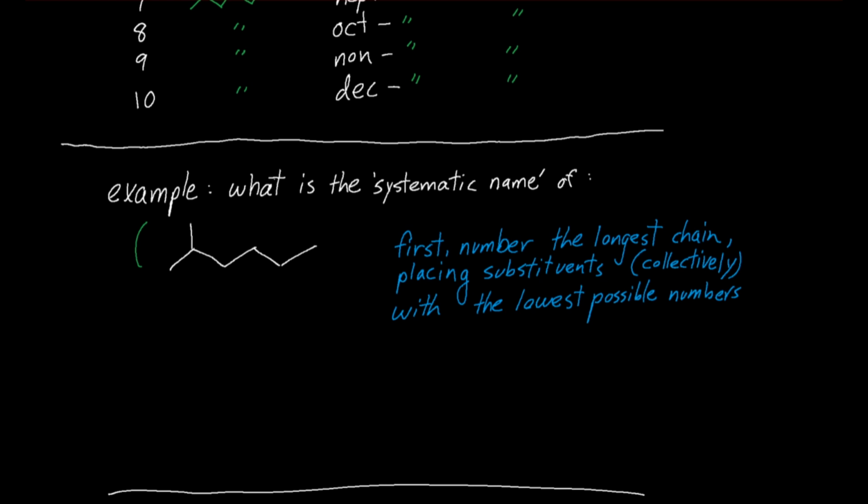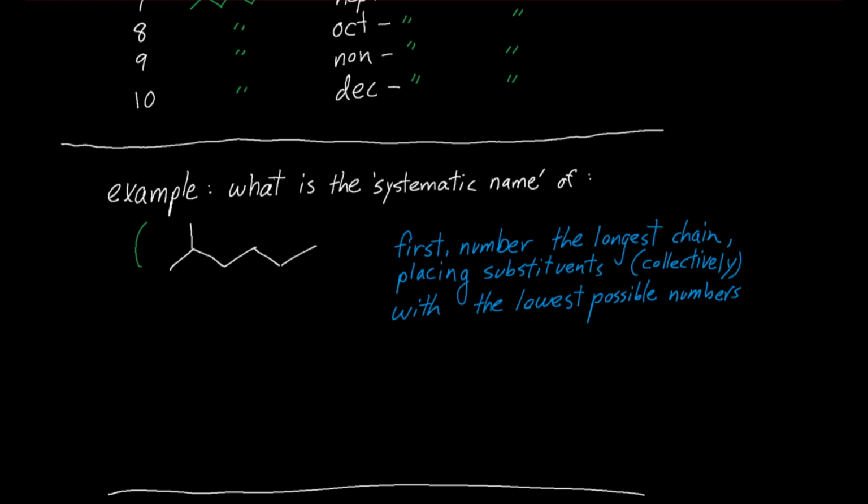And so the first task is to find the longest chain of carbons, find it, number it, and then decide on the substituents. And if there are multiple substituents, give them collectively the lowest set of numbers. So, perfect example of, oh yeah, I get it, I understand this, but until you do a lot of practice problems, it's not extremely clear.